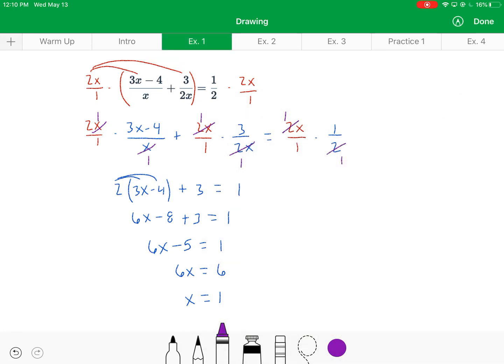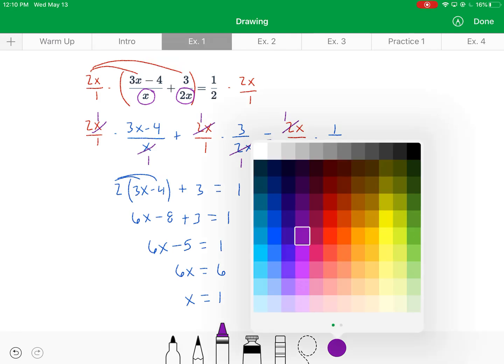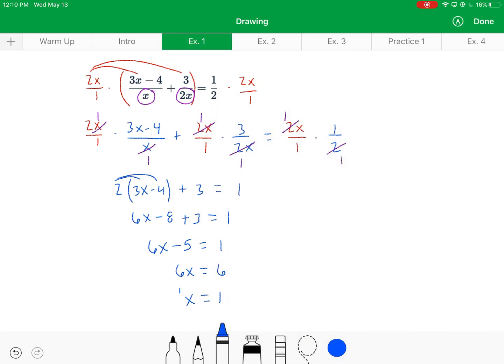You don't have to do a full check and plug into every part of the equation, but you just want to make sure that when you put 1 in here and here, any of the denominators that have variables don't zero out, which is not the case here, so that means 1 can be kept. That's my answer.